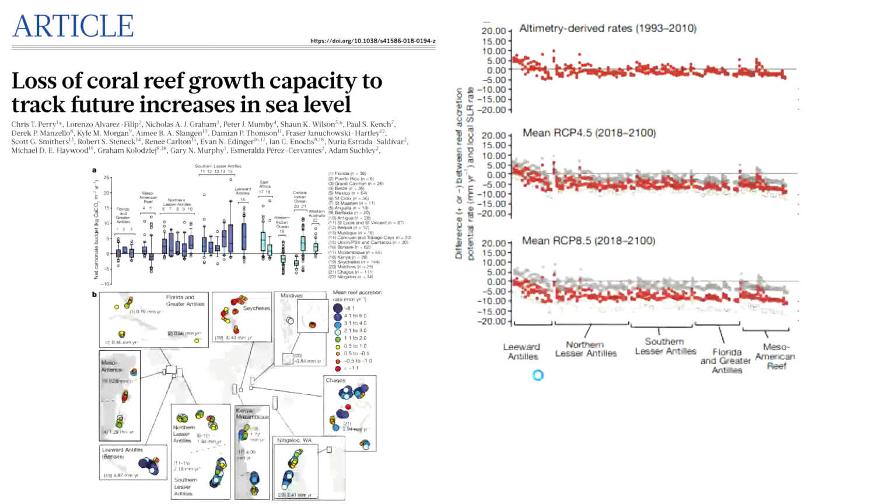So under all of these scenarios, the corals will effectively drown. The surface of the ocean will be moving up away from them, and this has important implications for the long-term viability of coral reef habitats.